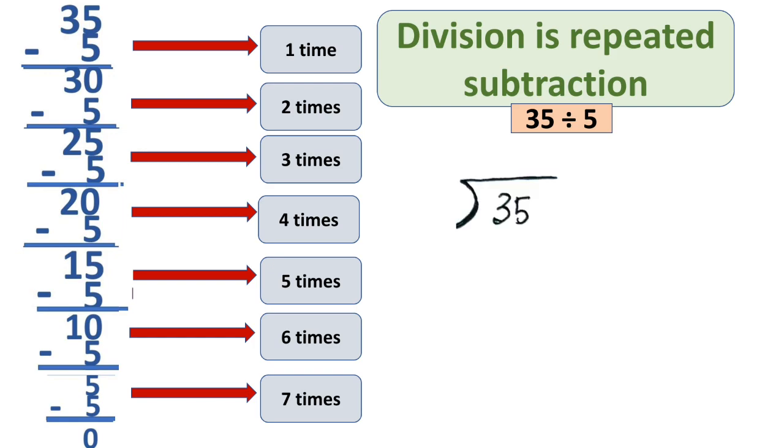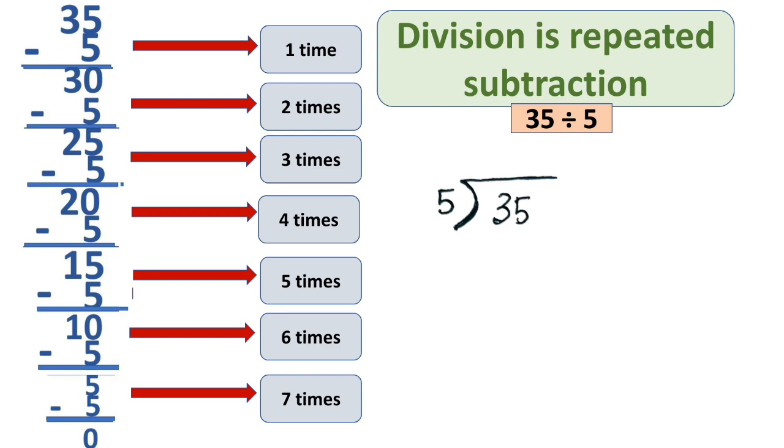We can divide the same number in this manner. 35 divided by 5. We multiply number 5 to get the number 35. Can you tell me how many times you multiply 5 to get 35? 5 ones are 5, 5 twos are 10, 5 threes are 15, 5 fours are 20, 5 fives are 25, 5 sixes are 30, 5 sevens are 35.